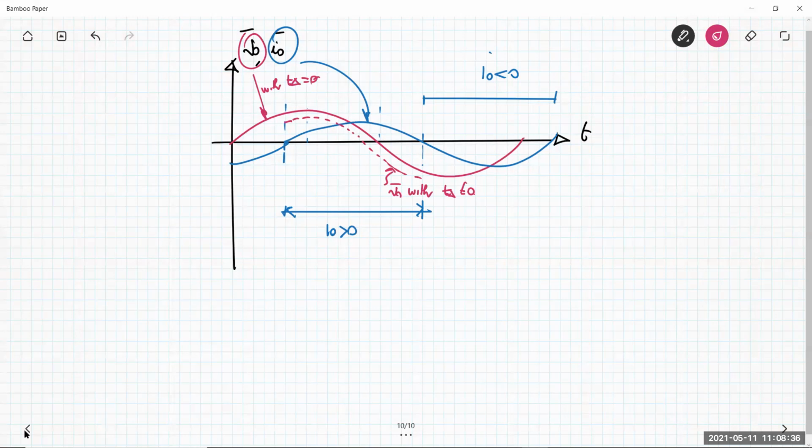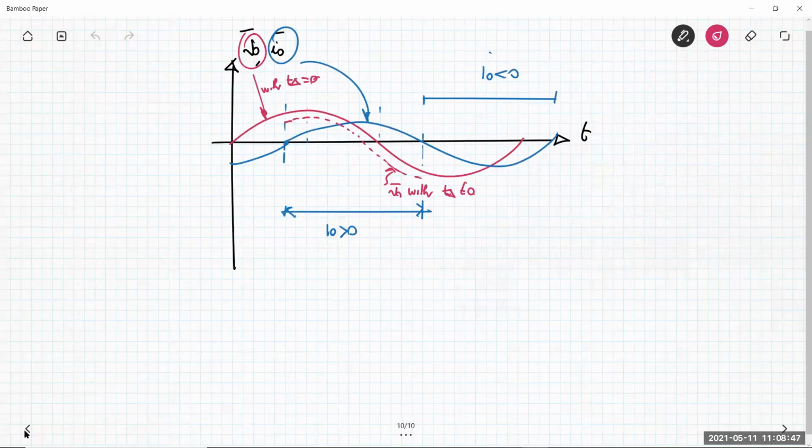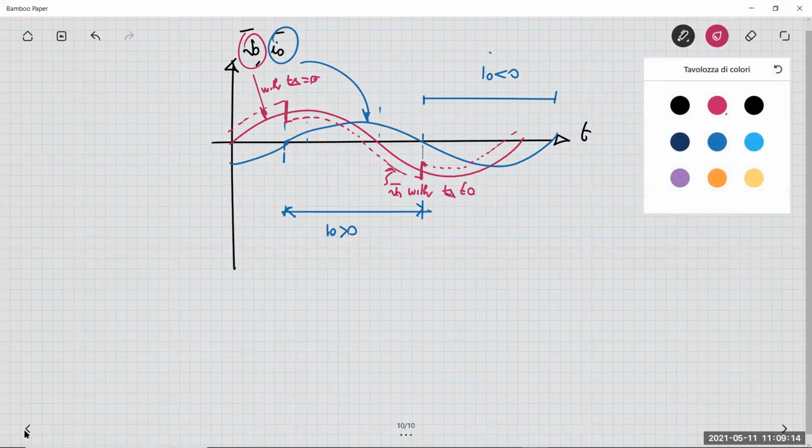What happens when the current is negative? When the current is negative, so you are here, you have this negative sign here, meaning that the real case, so the case in which you have T delta, brings to a different case here. Okay, so if you look at a period of your output voltage, you can see that you have this step here, because the output voltage can be lower or higher depending on the direction of the current.